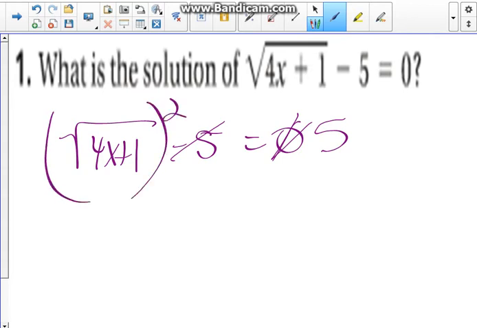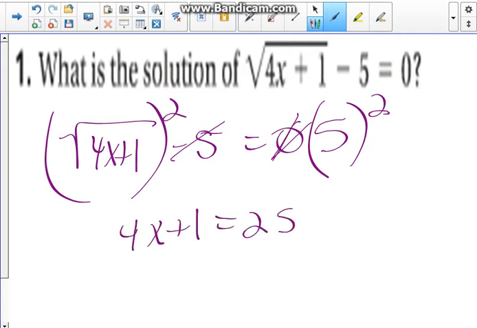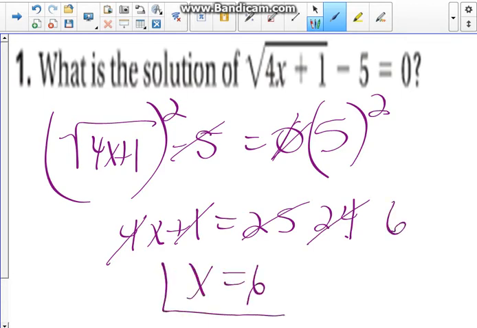Now square each side. Okay, and then we get 4x plus 1 equal 25. Subtract 1 from each side, and we get a 24. Divide each side by 4, and we get a 6. So we have x equal 6.